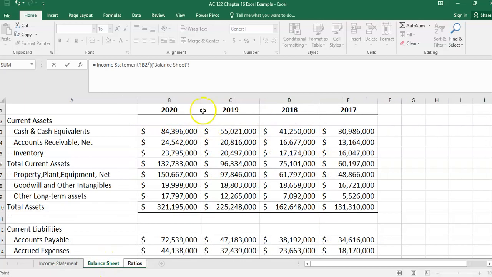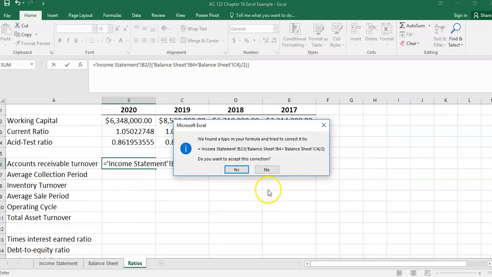So that's accounts receivable from 1 year plus accounts receivable from the previous year divided by 2. When you get to 2017 and you don't have previous information, just divide by the 2017 amount instead of doing the average. But for every other year, you should do the average.